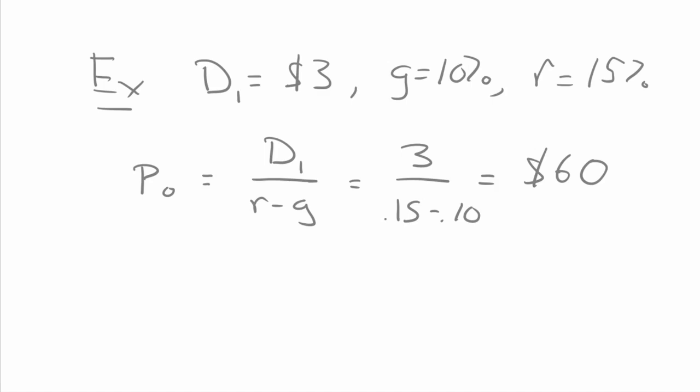You might say, well, maybe they grow quickly at first and then slowly in the future. Well, the present value formulas can accommodate that too. You have a phase for fast growth and then a terminal phase for slow growth. I'm not going to work out the details here. You can see them in the notes. But the important thing to know is that we're just applying the principle of present value.